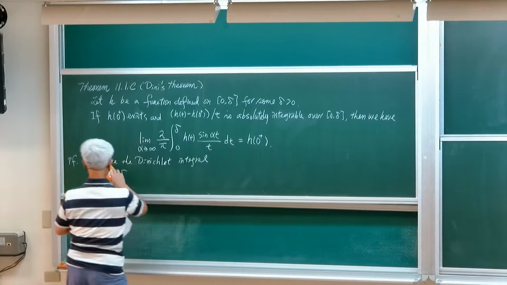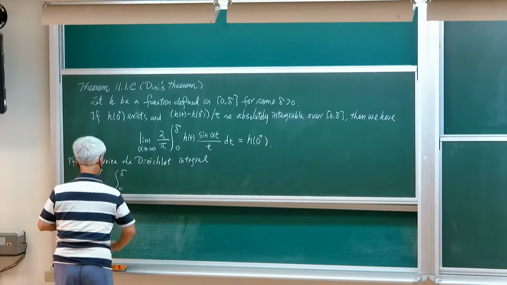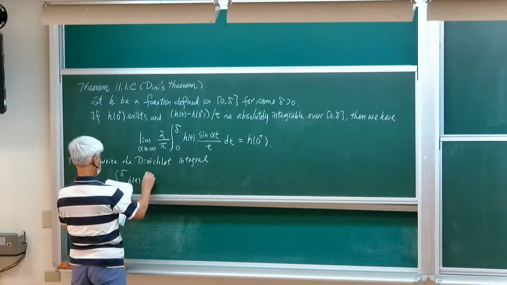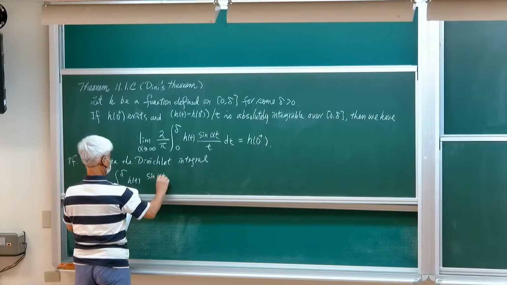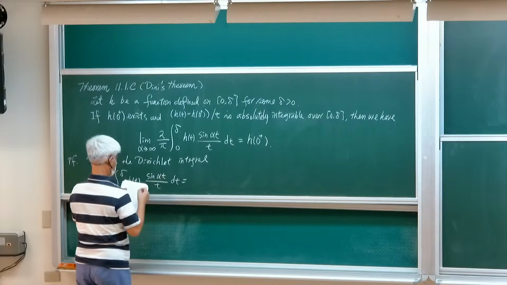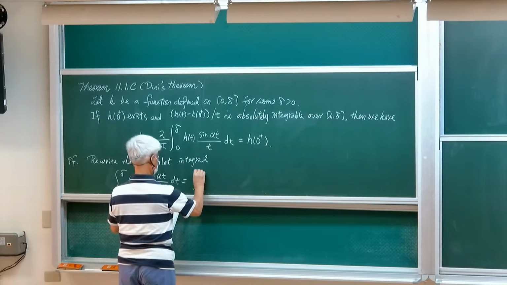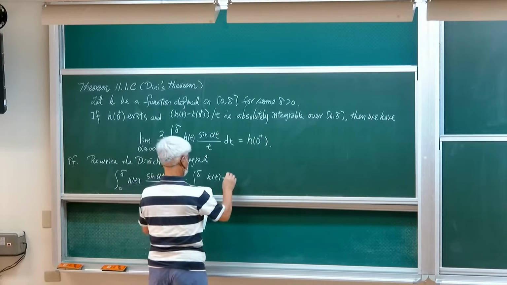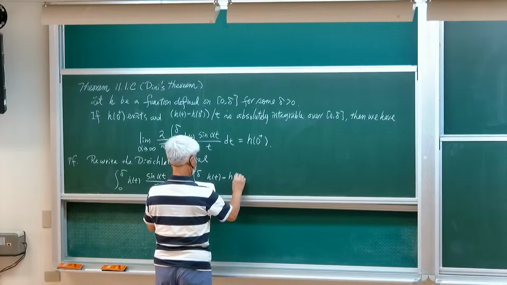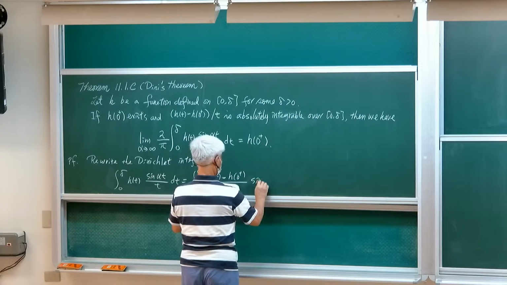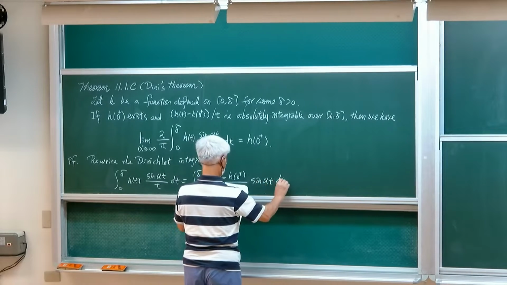First of all, you can ignore the constant. So we just write here alpha t, sine alpha t divided by t dt. We just subtract a term and add the same term back.